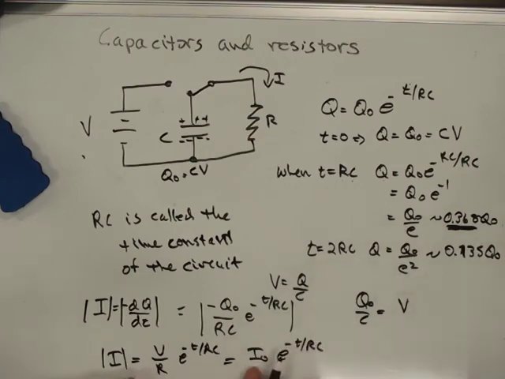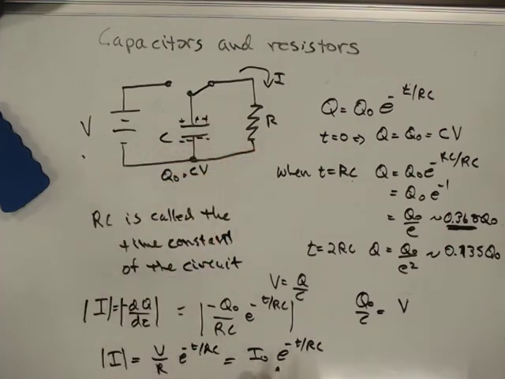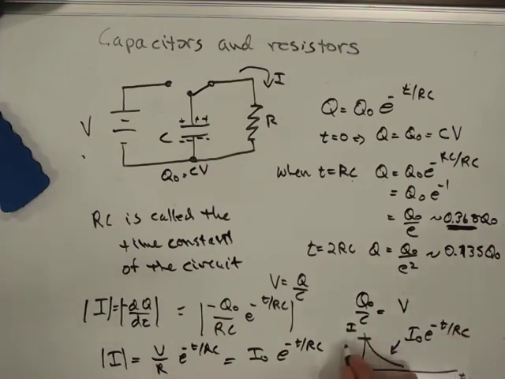That is to say, the current at any time is equal to the initial current, which is V over R, times e to the minus t over RC. And so in each case, you can either talk about the current or the charge. It decays according to an exponential. Here's my current, here's my time, and this point where it crosses the current axis is equal to I naught.